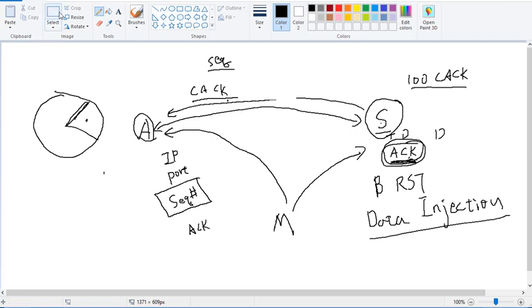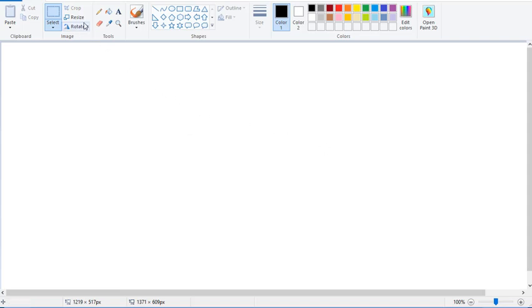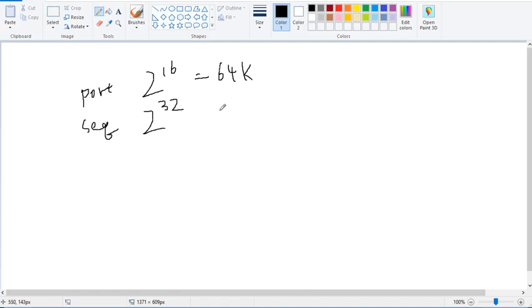We said very clearly that you need to guess the port number, which is 2 to the power of 16, and the sequence number, which is 2 to the power of 32. 2 to the power of 16 is about 64,000, which is 6.4 times 10 to the power of 4, if my memory is correct, and 2 to the power of 32 is 4 giga, which is about 4 times 10 to the power of 9.